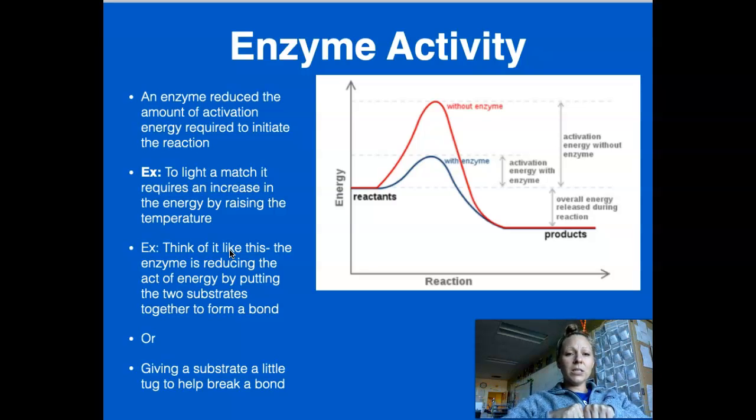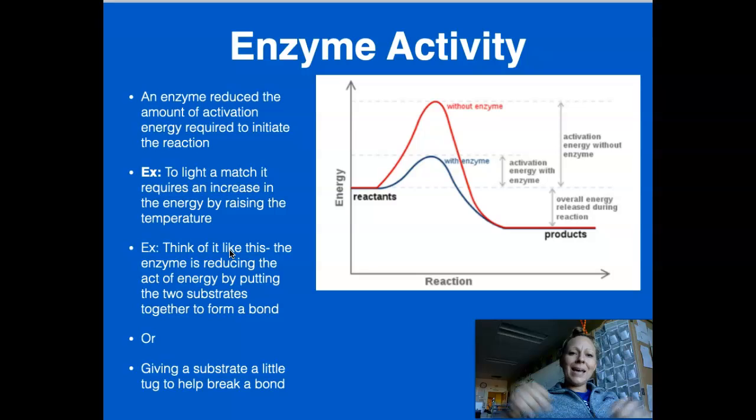And so enzymes just speed up spontaneous reactions. They only speed up spontaneous reactions. If these molecules are going to bump into one another and eventually bond, then what the enzyme does is it has a spot for each of these molecules, and it has an affinity for these molecules. And so it attracts these two molecules and puts them together.